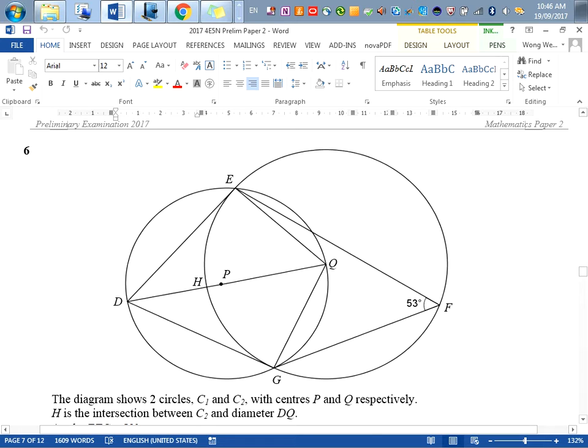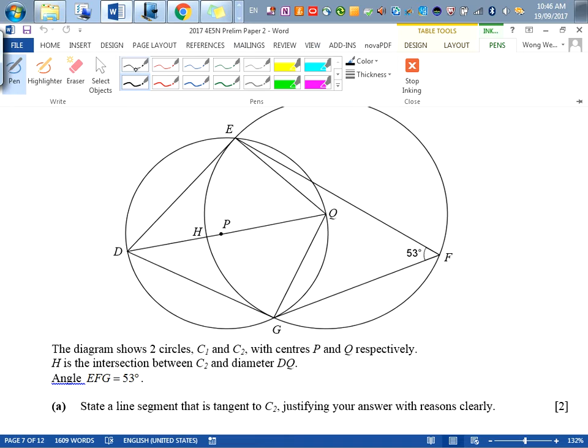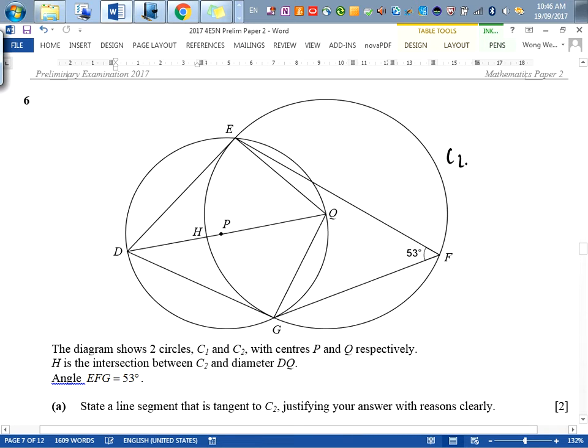Okay, 6A. Most of you can identify the line segment that is tangent to C2. So C2 is my bigger circle. This is C2 over here. Either DE or DG will be a tangent.